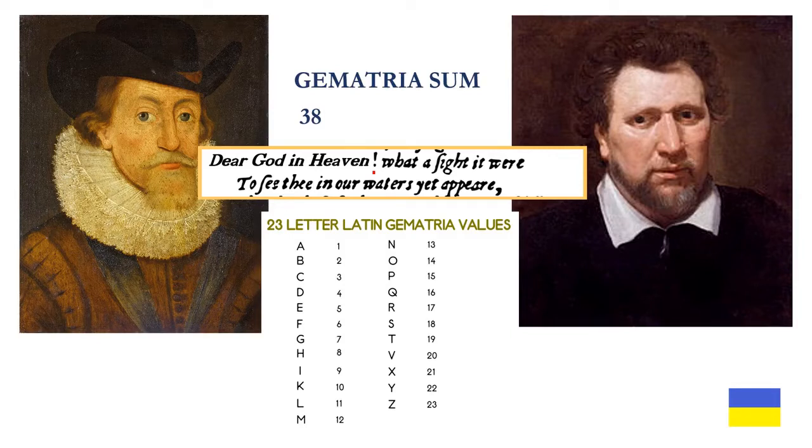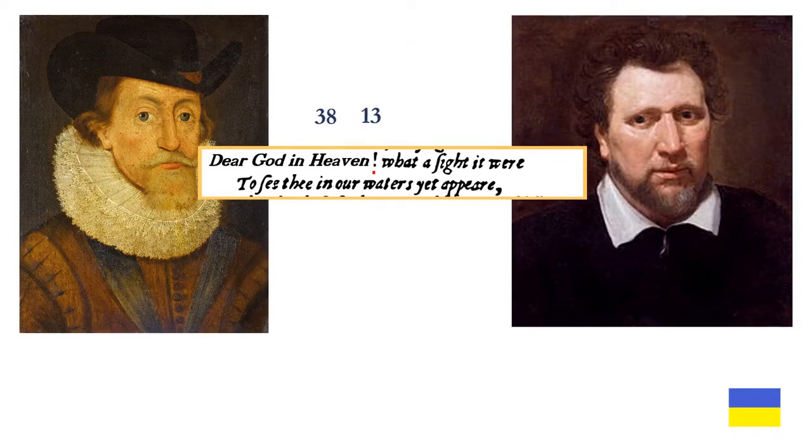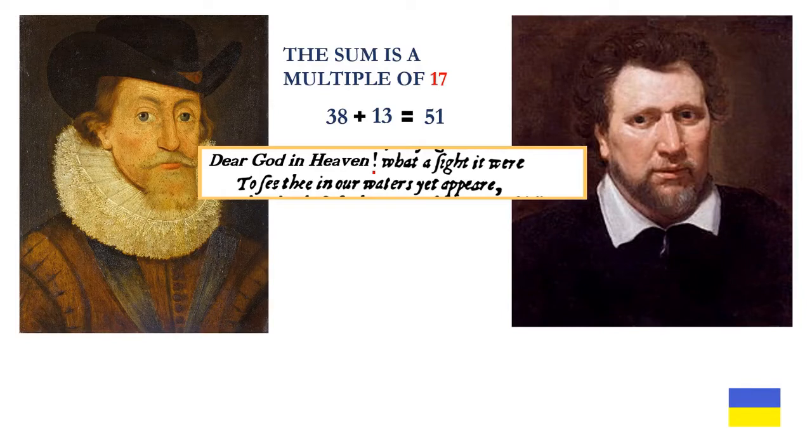And then we count all of the words totally in lowercase letters, and now we add them to get 51, which is a multiple of 17. What I chose is coincidentally part of a gematria sum puzzle, or is it?